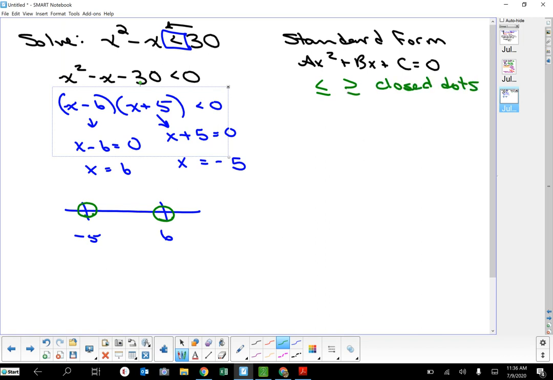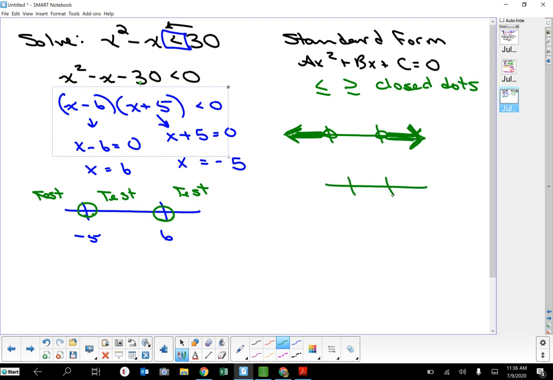Okay, so now we need to test, test, and test. Now, typically, you're going to have this as a graph. You're either going to have the edges graphed, or you're going to have this.